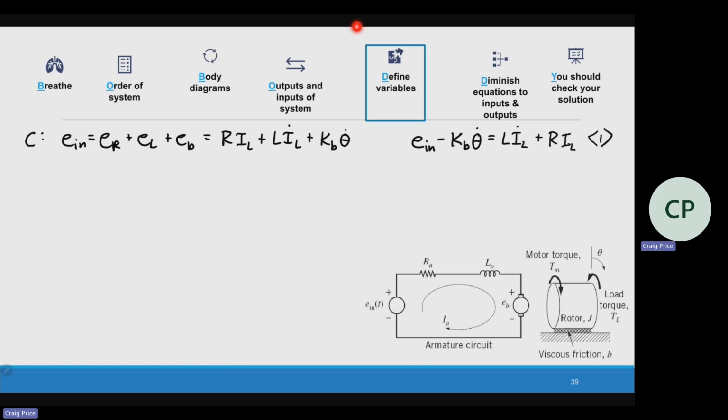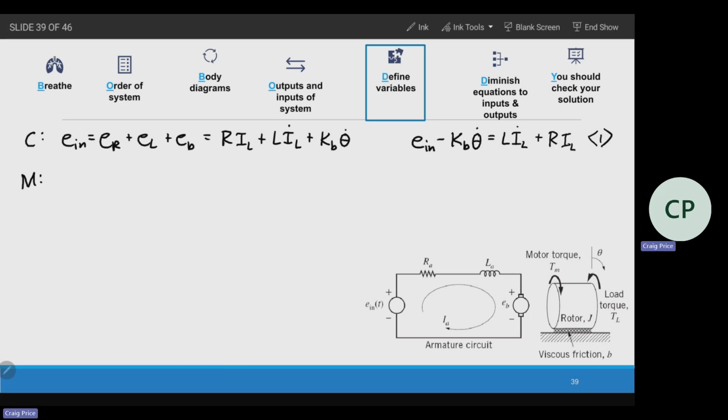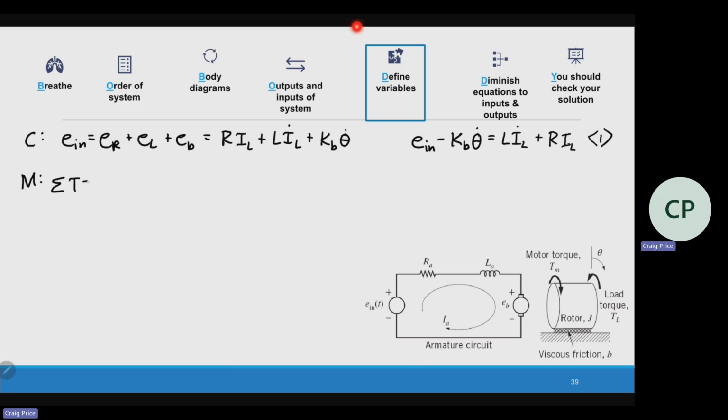I don't really like two different derivatives, two different variables with dots. I don't know if I can change it, but we'll see what happens on the mechanical side. Mechanically, we have sum of torques equals J theta double dot. This is equal to motor torque minus friction minus load torque.